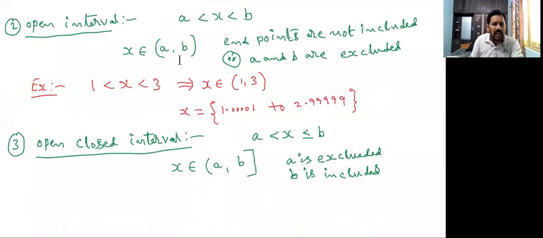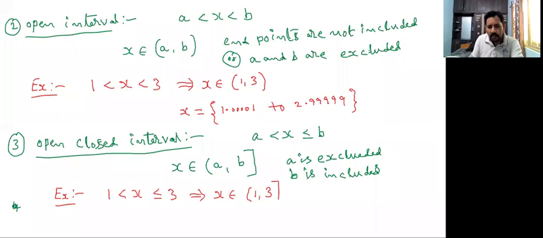Okay. Now, for an example, take 1 less than x less than or equal to 3. That means x belongs to open 1 comma 3 closed.